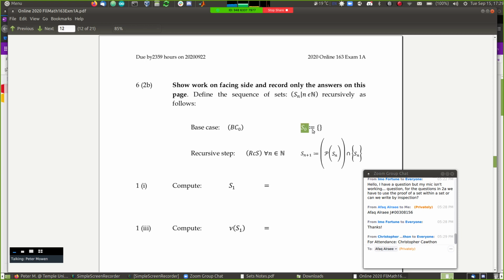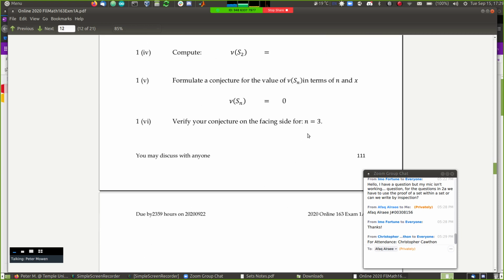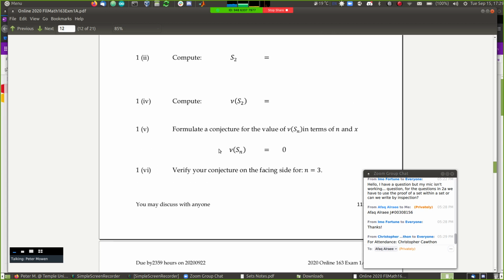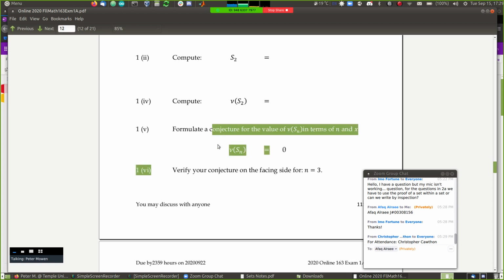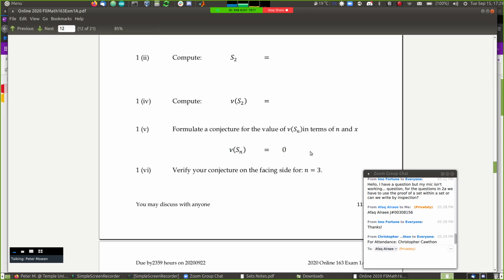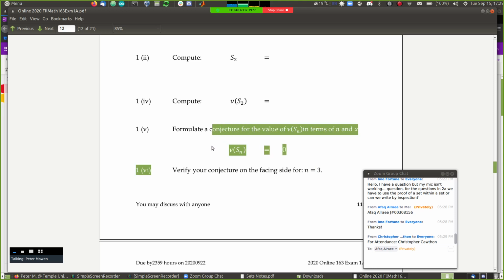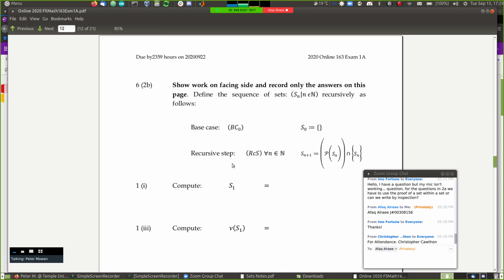Well, no, so the cardinality of S0. Wait, so for formulate a conjecture for the value of n and x, cardinality of xn equals 0. Yeah, I don't know why he's got that there. Formulate a conjecture for the value in terms of x and n. Yeah, this seems to just be in the wrong spot.